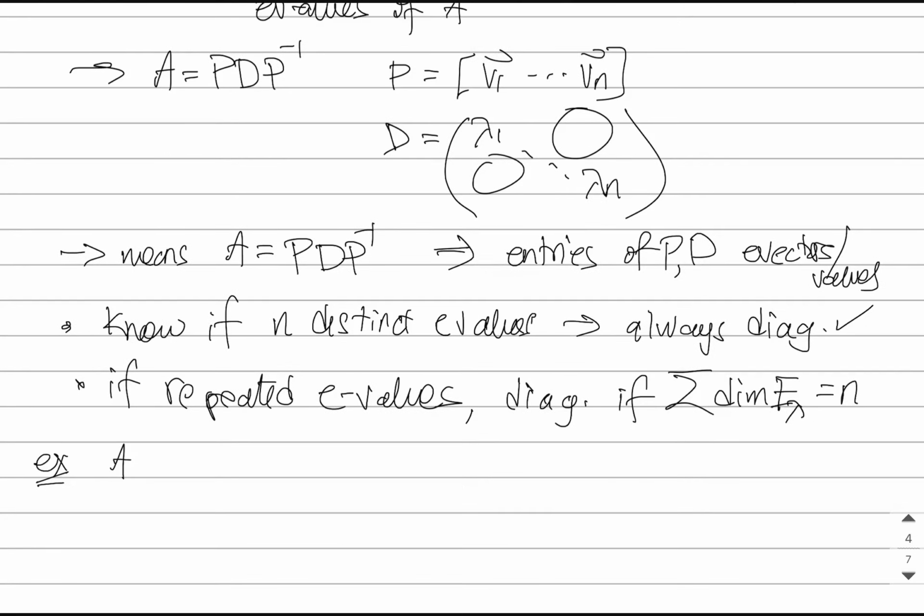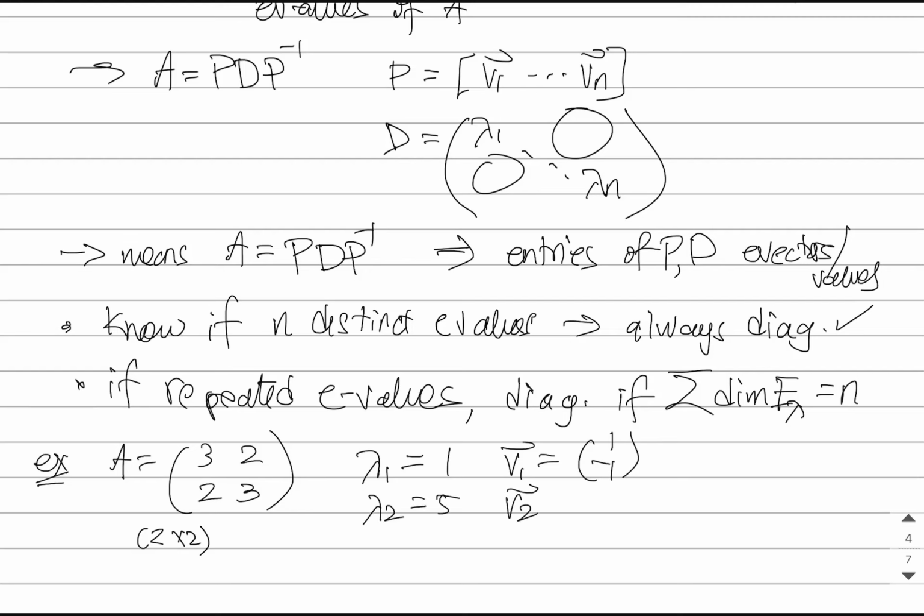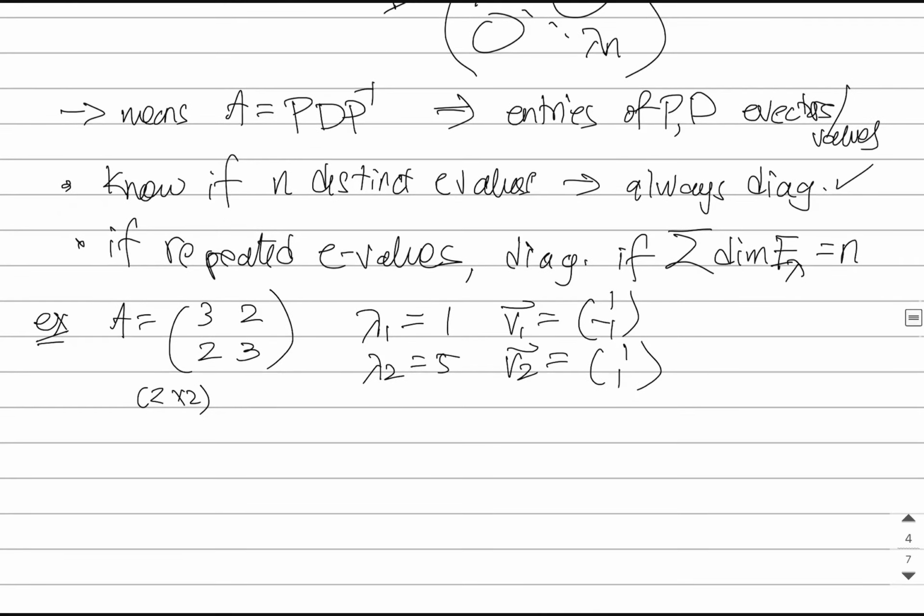So, to try to put this a little bit more concretely, here's this matrix that we've been dealing with before. It's a 2 by 2 matrix. I would like to find a diagonalization of it. Okay, well, I know one eigenvalue, and I know one eigenvector. I know another eigenvalue, and I know another eigenvector. Again, it's pretty straightforward for you to be able to sit there and compute this.